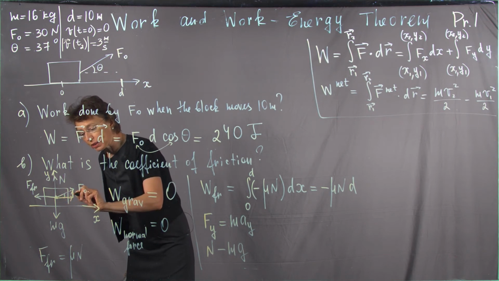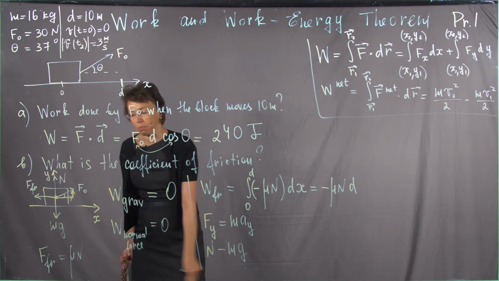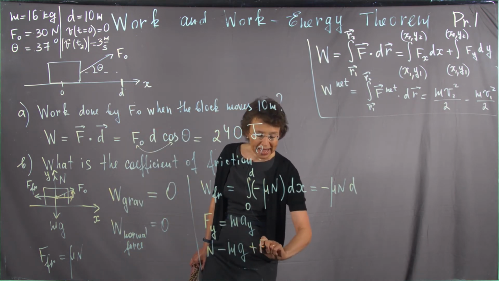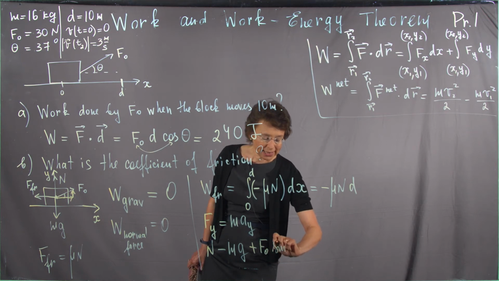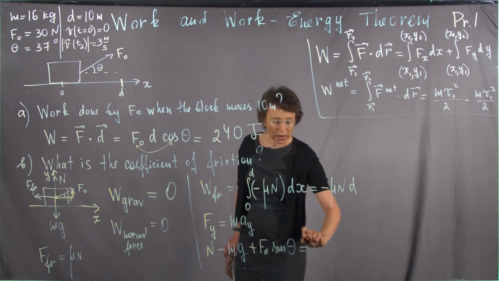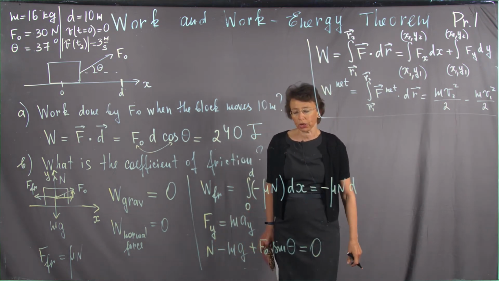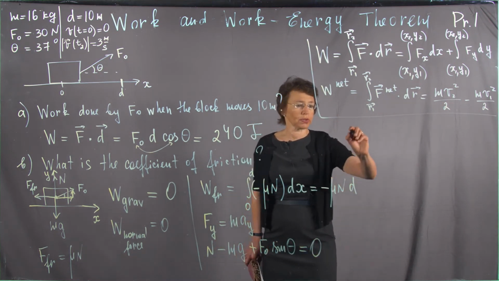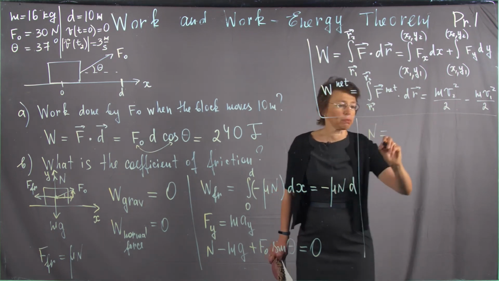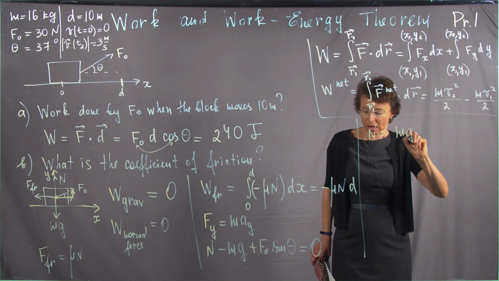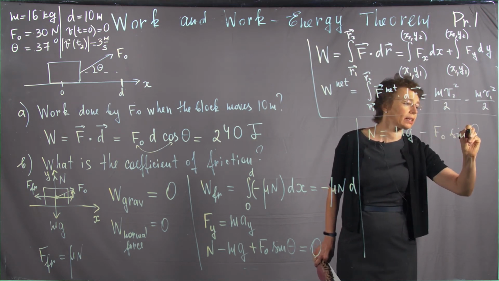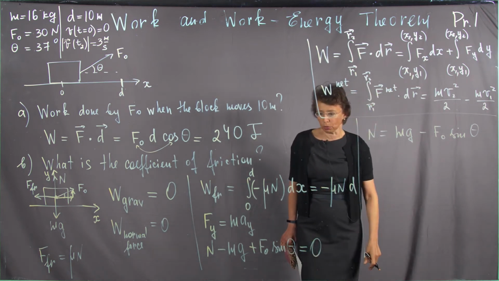From this triangle, I immediately see that the projection of F naught is positive, so it is plus F naught sine theta. And the block is not moving in y direction, so this is 0. Okay, great. What is normal force then? Normal force is equal to mg minus F naught sine theta. So we express normal force in terms of what is given.